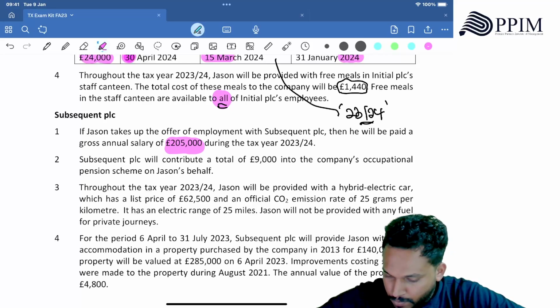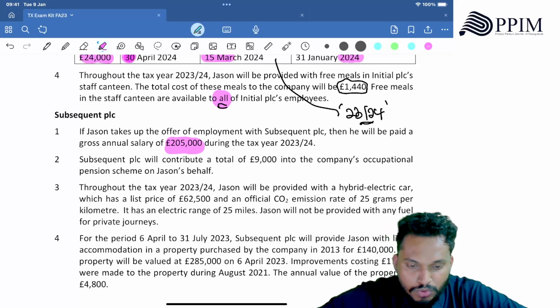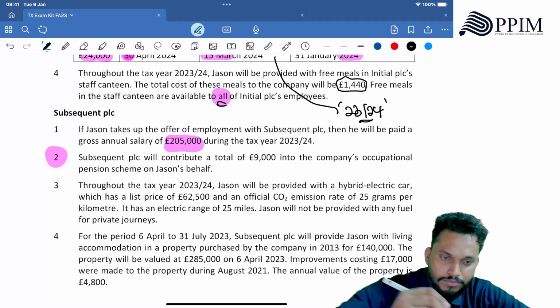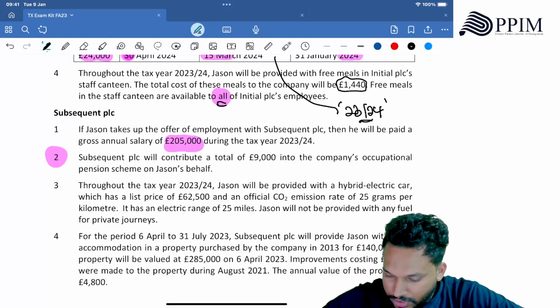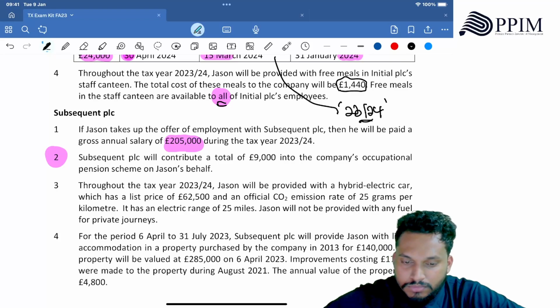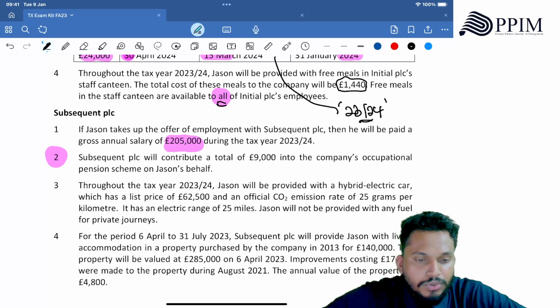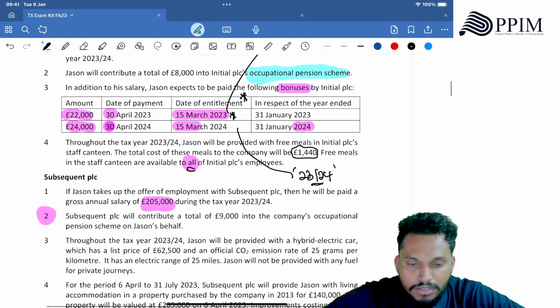So, should you consider this or not? Should you consider the employment?